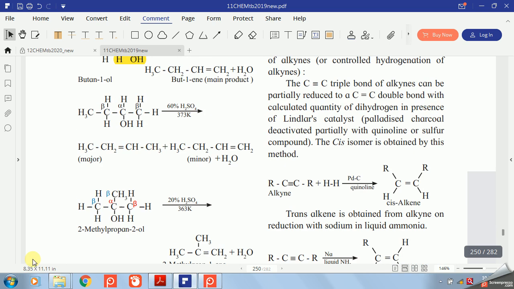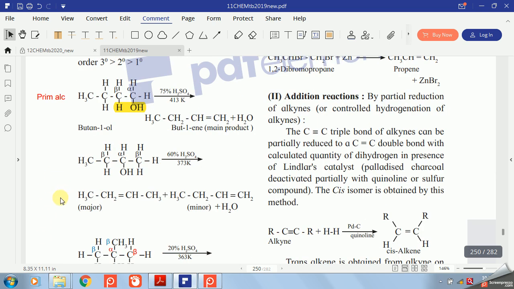High conditions are required as compared to this primary alcohol. This is your secondary alcohol. This is secondary alcohol and it is butan-2-ol.